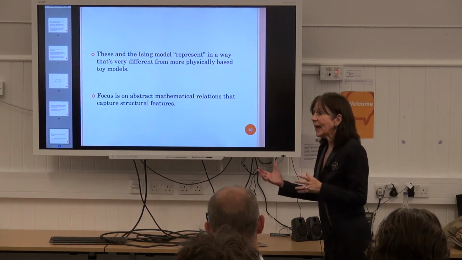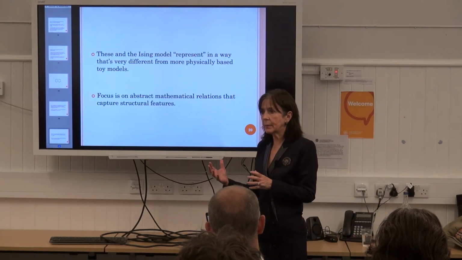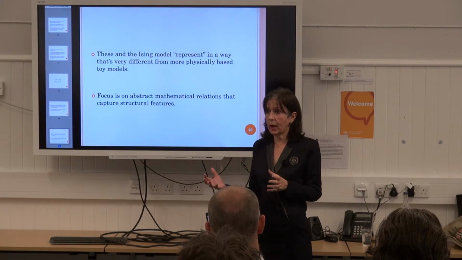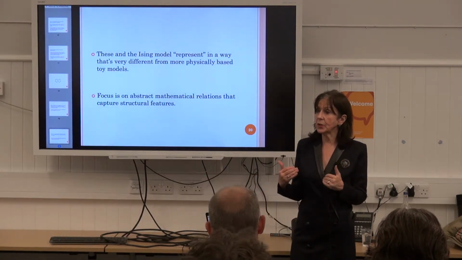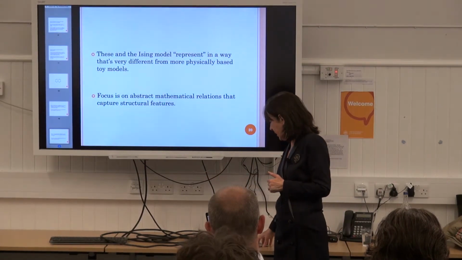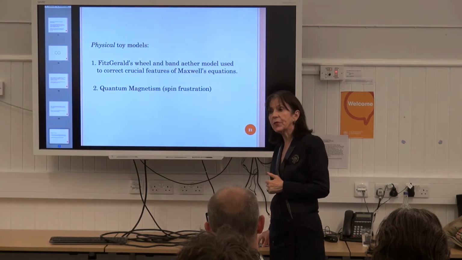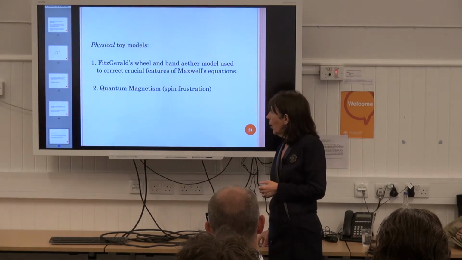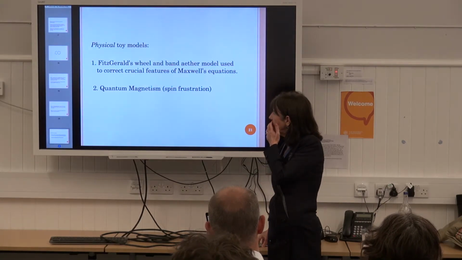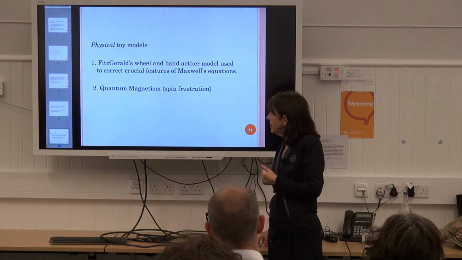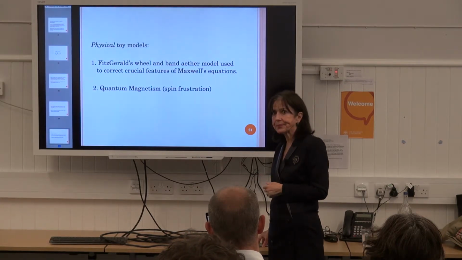Now, not that that's not the case in more physical toy models, but the physical toy models, I think, usually have many more features built into them. So I want to talk very briefly about two. One is Fitzgerald's wheel and band model, and the other is models of quantum magnetism.